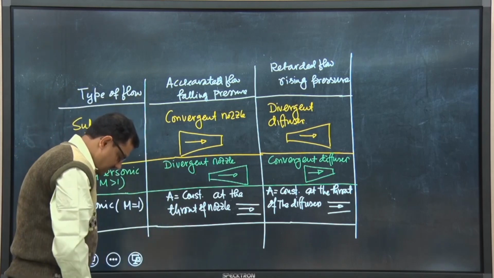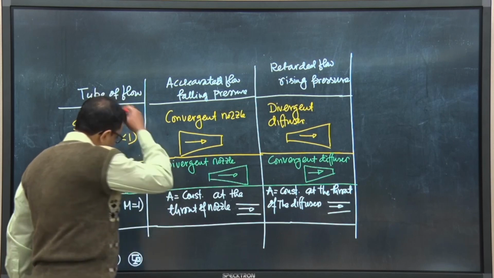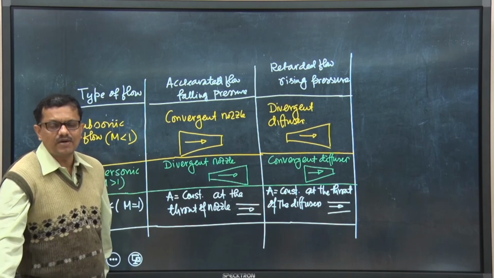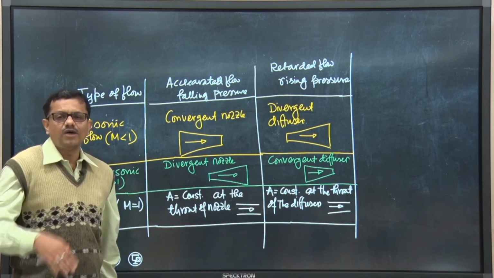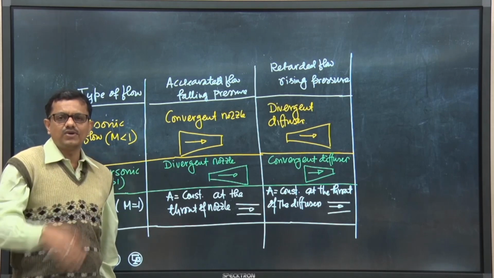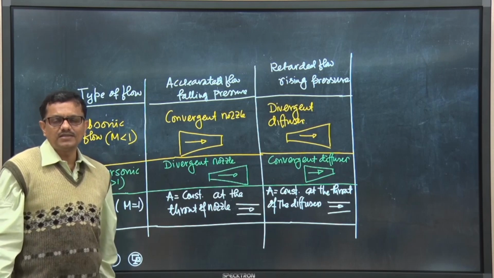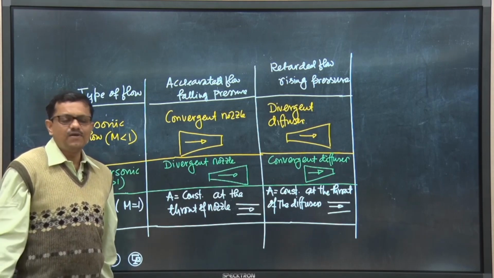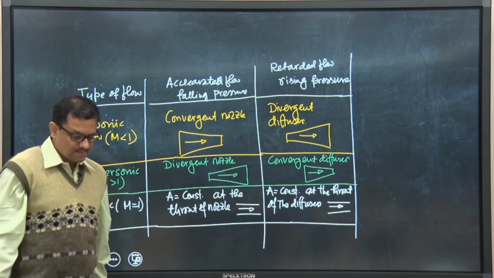So, with this I have completed the physical significance, rather we have tried to discuss the physical significance of the relation, which is also known as the area Mach number relationship of the nozzle when there is a flow of steam through the nozzle.